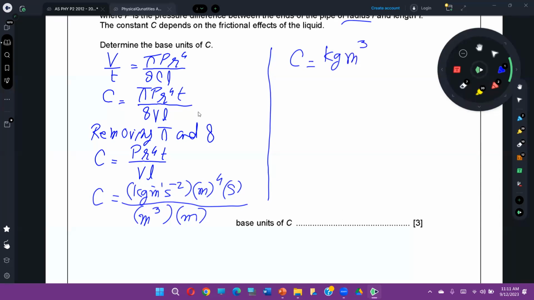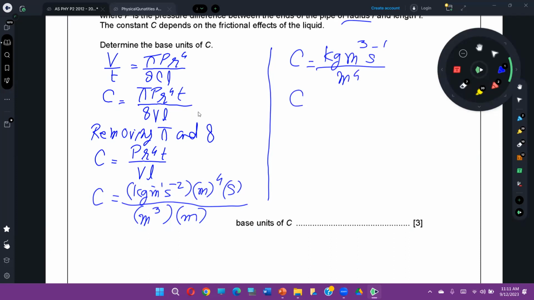M cube. What about s minus 2 and s? Other people? Minus 2 plus 1. Everyone's contribution is not coming. M cube in denominator. M cube into m.